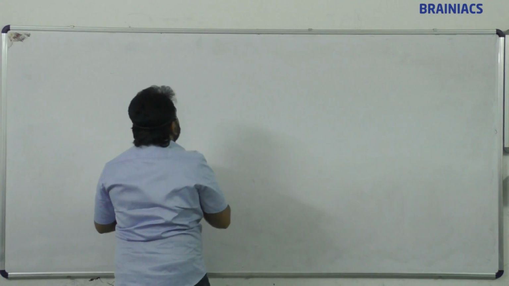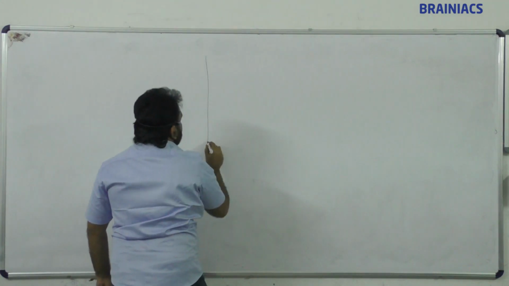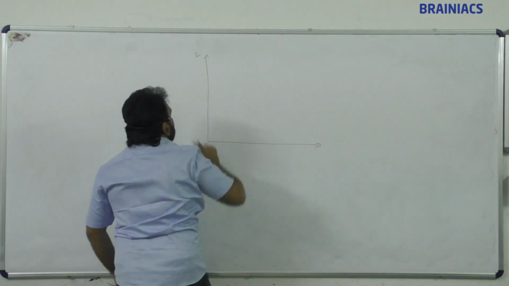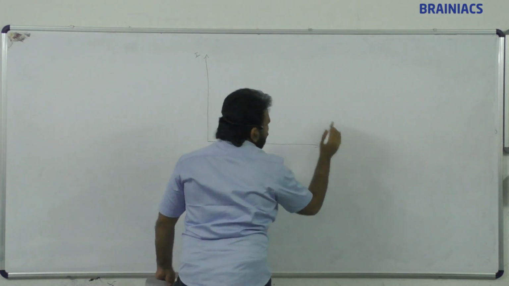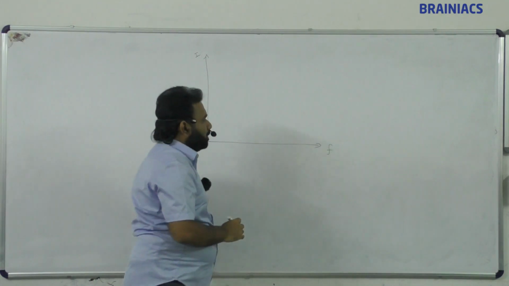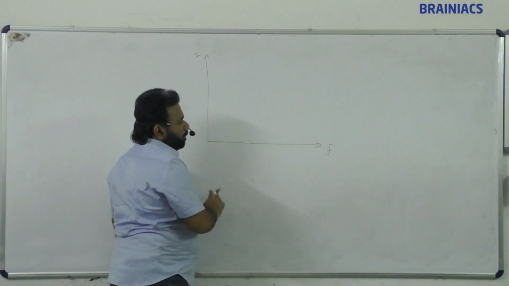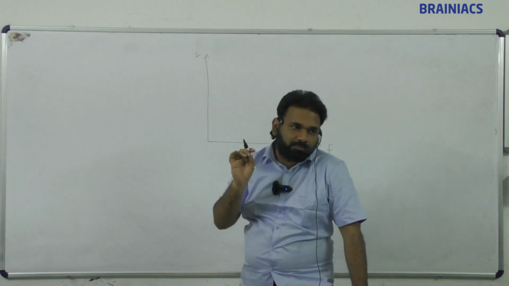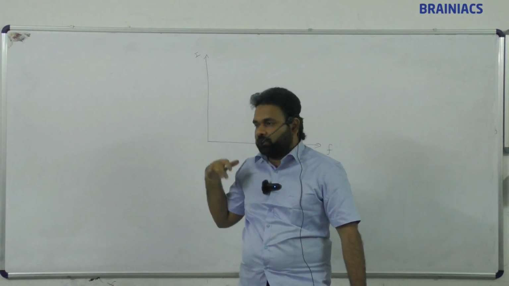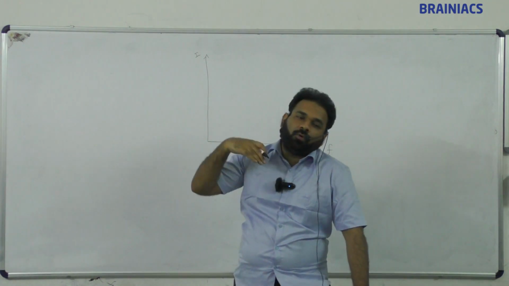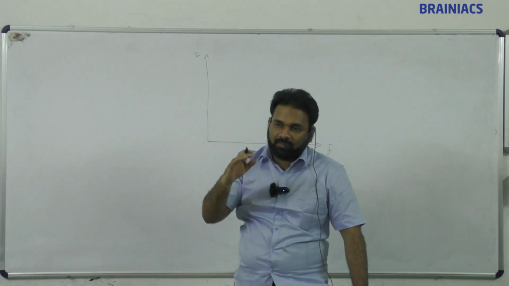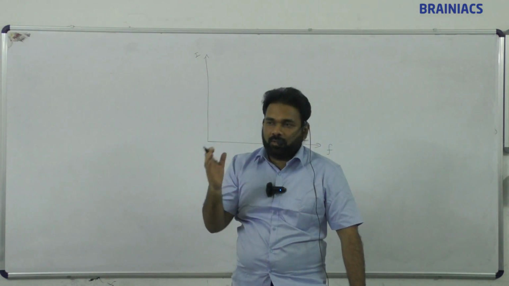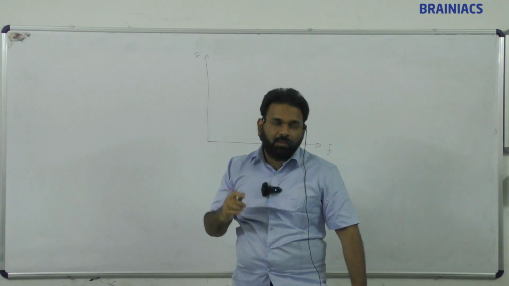Suppose if you draw a graph, if this is I and this is frequency, what will happen? Tuning of radios is an application of this. Metal detectors in airports also work based on the resonant frequency.